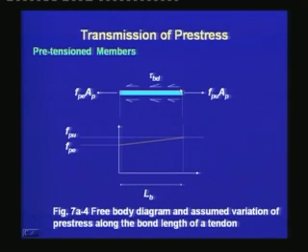If tau BD is constant, then the increase in stress from FPE to FPU is linear over the bond length LB.